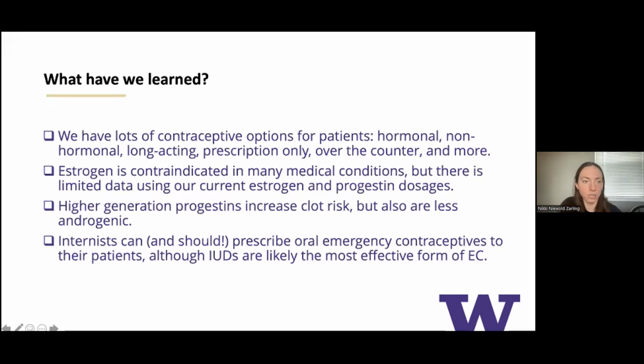As a reminder, higher generation progestins increase our clot risk, but are also less androgenic, which is a potential benefit. And if there's one thing I want you to take home, it's that internists can and should prescribe oral emergency contraceptives to their patients, even though IUDs are likely the most effective form of emergency contraception. Okay, that was a whirlwind tour of contraception.